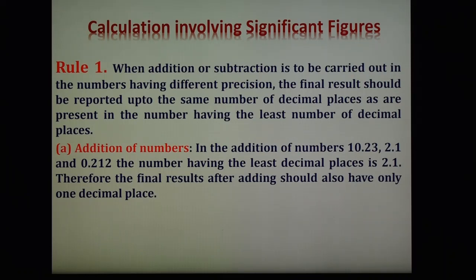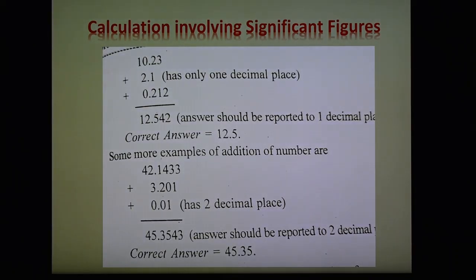First, A is the addition of numbers. Suppose we take three numbers for addition: 10.23, 2.1 and 0.212. The number having the least decimal places is 2.1, and therefore the final result should also be reported up to 1 decimal place. The next slide shows the addition.